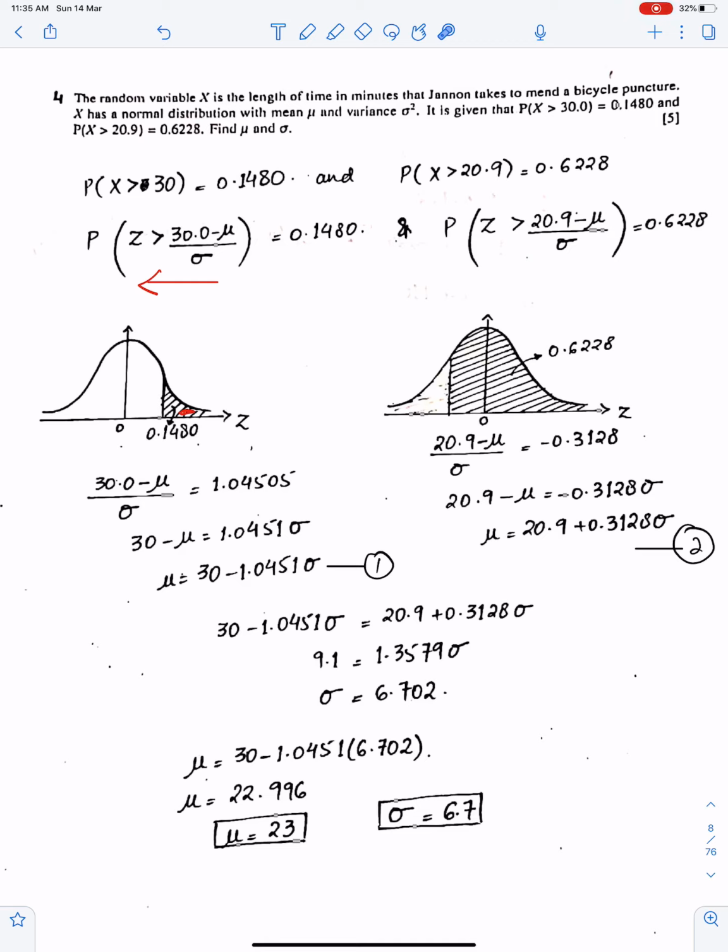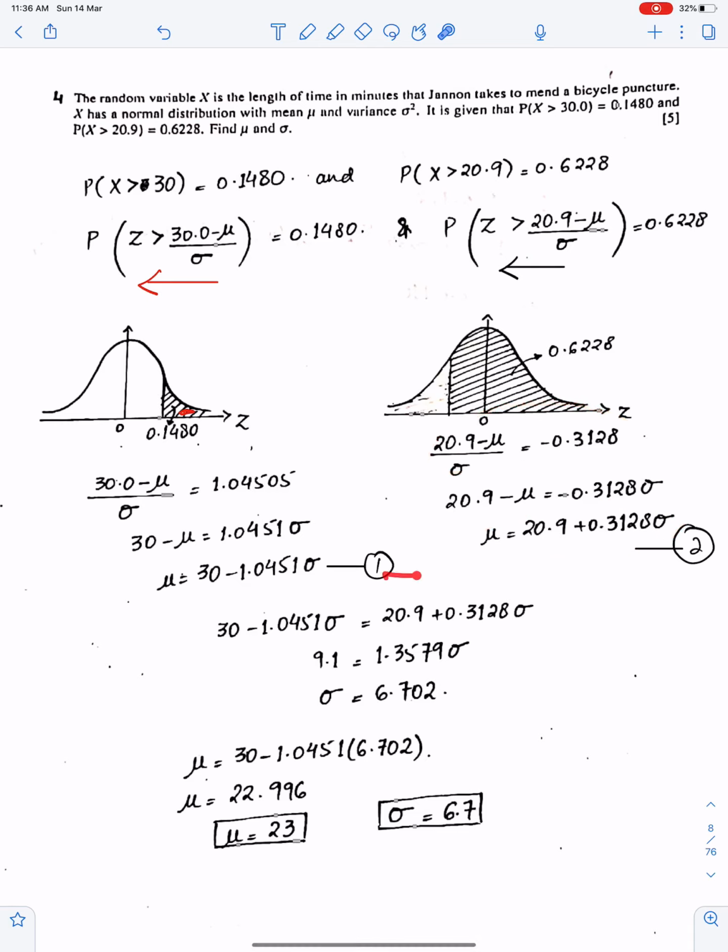Since we have the greater sign here, shade this area according to this sign of inequality. Since this area is greater than 0.5, you have to cross the central line, so your number is negative. So you must write a negative sign in the answer, either right here or here. With the help of this, you can get equation number 2.